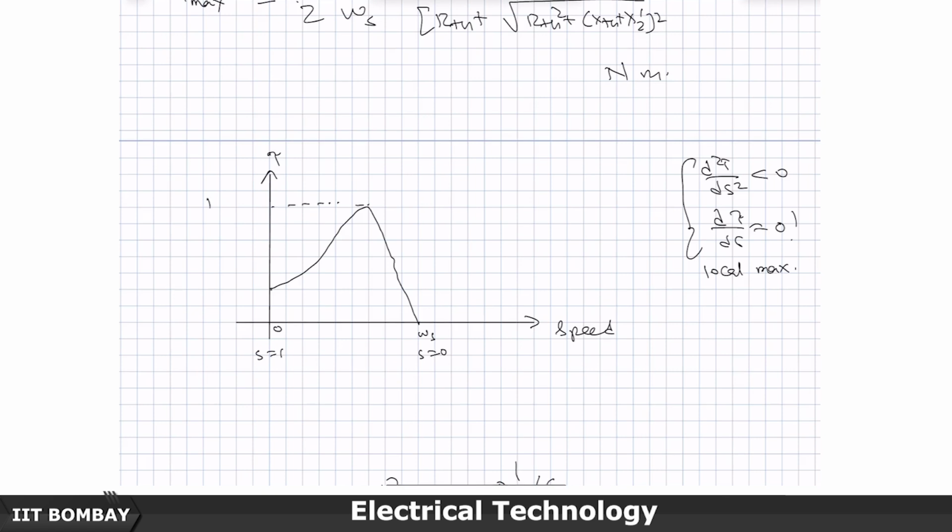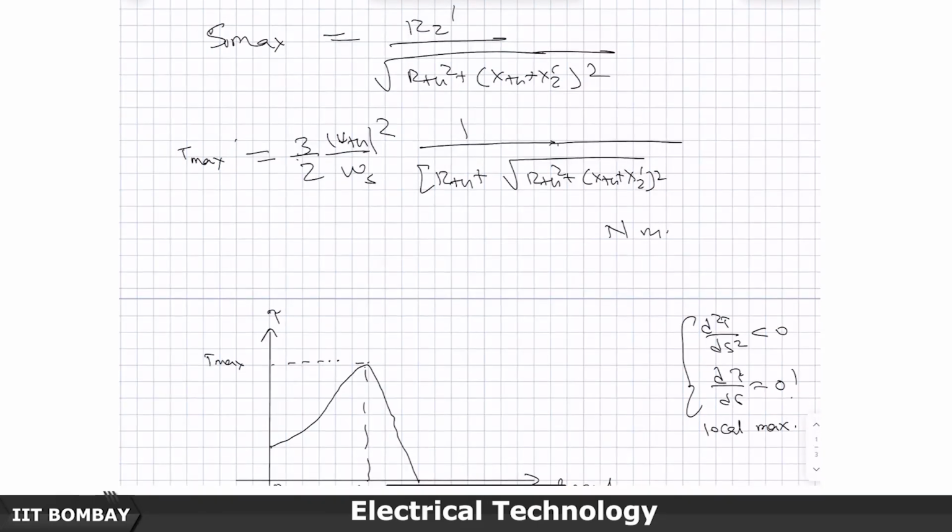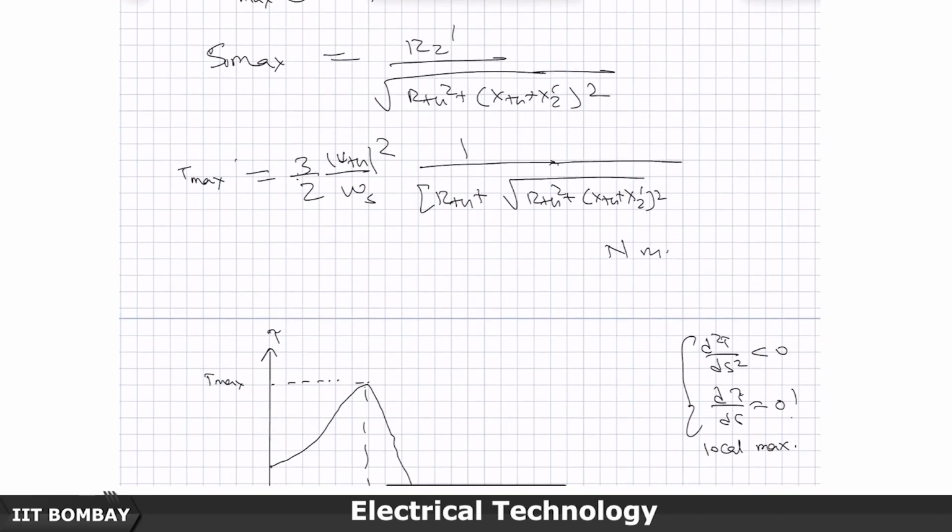This is the T max value, this is where you get S max, and that S max happens at R2 dash divided by the square root of R Thevenin square plus (X Thevenin plus X2 dash) whole square.